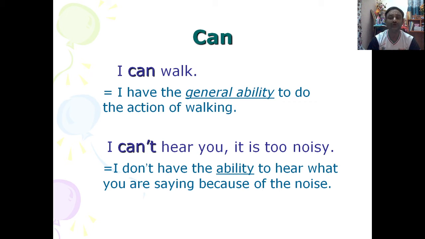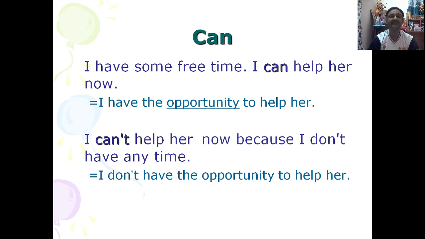It is too noisy, which means I don't have the ability to hear what you are saying because of the noise. Similarly, I have some free time. I can help her now, which means I have the opportunity to help her. I can't help her now because I don't have any time, which means I don't have the opportunity to help her. So, you can easily distinguish these two differences.